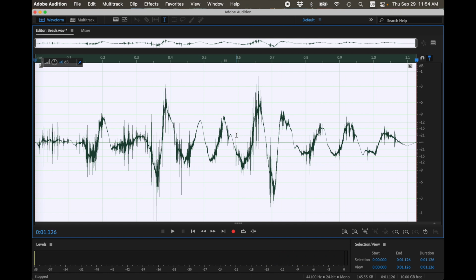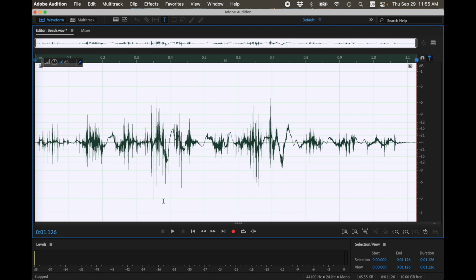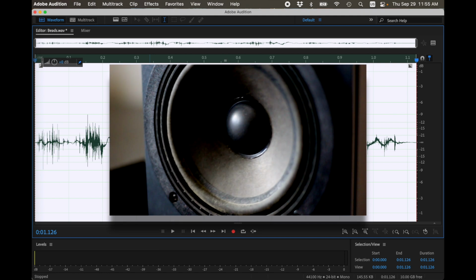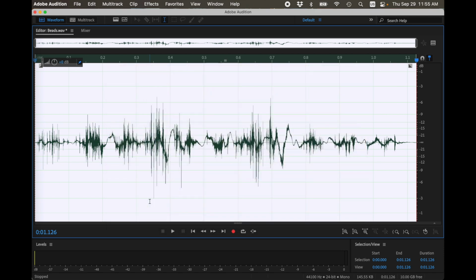Now I'm on a pretty decent set of speakers in a pretty good listening environment, and I cannot tell the difference between that, which is good because that means I haven't taken out any part of the sound that matters. But by taking out that part that we don't need, I can normalize this properly in the correct dynamic range. My speakers aren't going to be doing pointless motion back and forth. They're going to be vibrating at their sweet spot. And I've made a better sample that I can play back in a sampler.